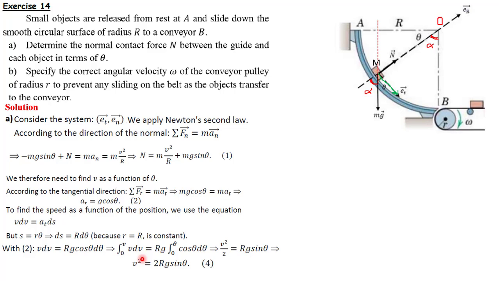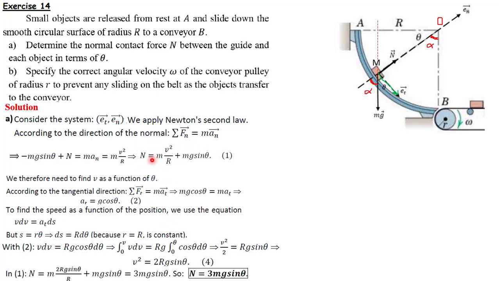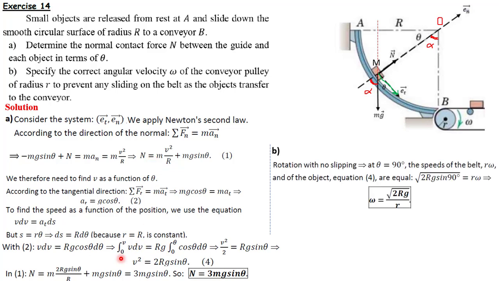We need to have v squared, in fact, to put it in the expression of the normal reaction. So n will be equal to m times v squared over r, where v squared is equal to 2rg sine theta, plus mg sine theta. So we have a common factor mg sine theta times 1 plus 2. So this will give us n equal to 3 mg sine theta.